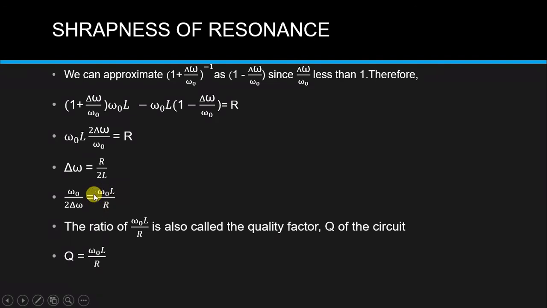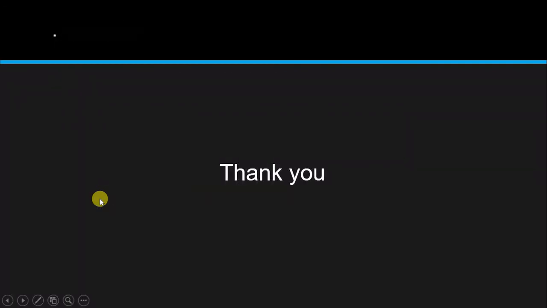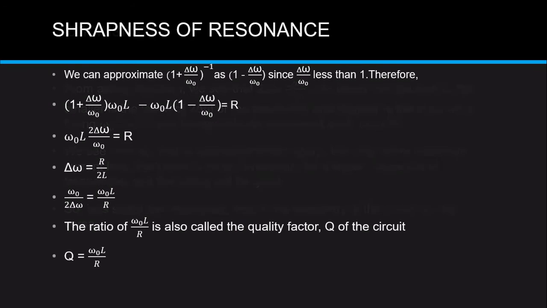Okay, omega 0 upon 2 delta omega equals omega 0 L upon R. The ratio omega 0 L upon R is also called the quality factor Q of the circuit.